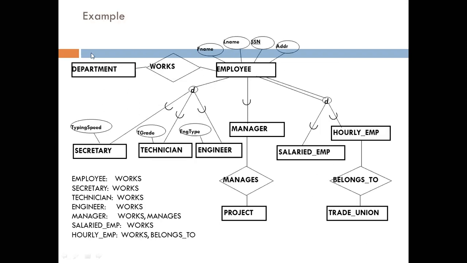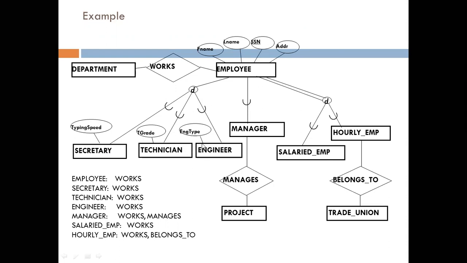We can represent the entire thing like this, and the notation that we use is this union symbol on this particular relationship. So employee, manager, and here an employee, then here it is the division or subgroup: secretary, technician, engineer.